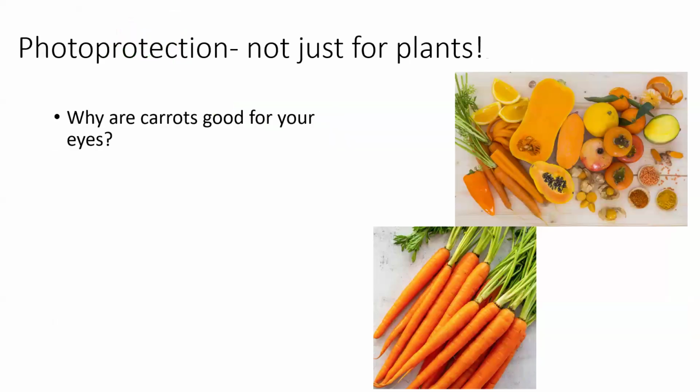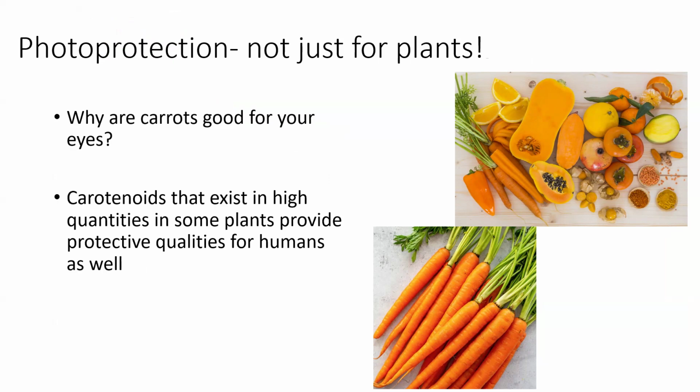Okay. Now, as I was just talking about with those pigments that are able to help plants protect themselves against damage, this is related to why people say carrots are good for your eyes. So I have pictures of a whole bunch of different orange plants here. Why are carrots good for your eyes? It's the same reason that plants have those carotenoids to protect themselves.